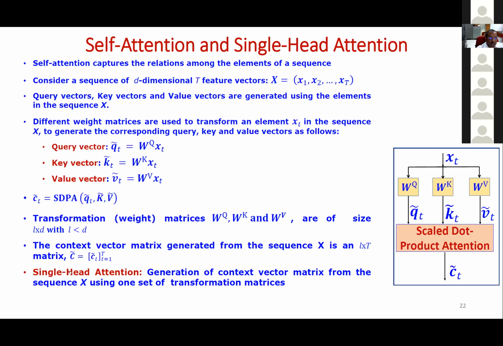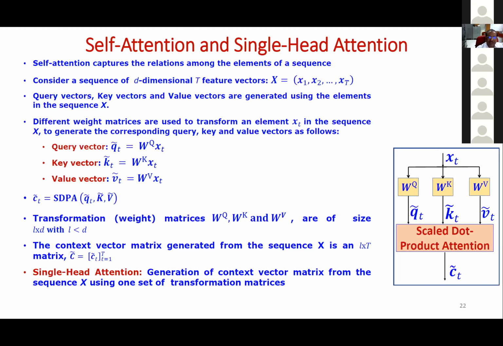So this process of generating this context vector matrix from the sequence X using one set of these transformation matrices WQ, WK, and WV is what is known as a single head attention. As you might know, when we multiply a vector by a matrix, what we are doing is nothing but a linear transformation.